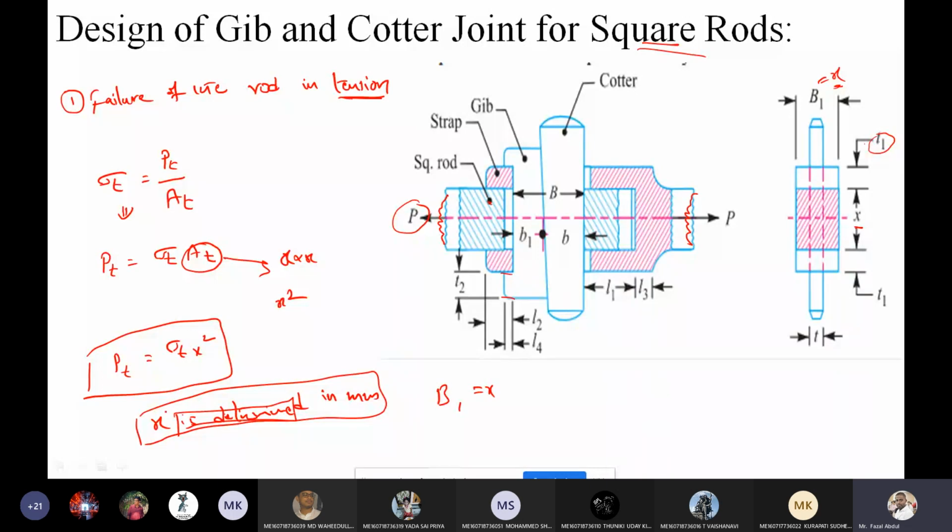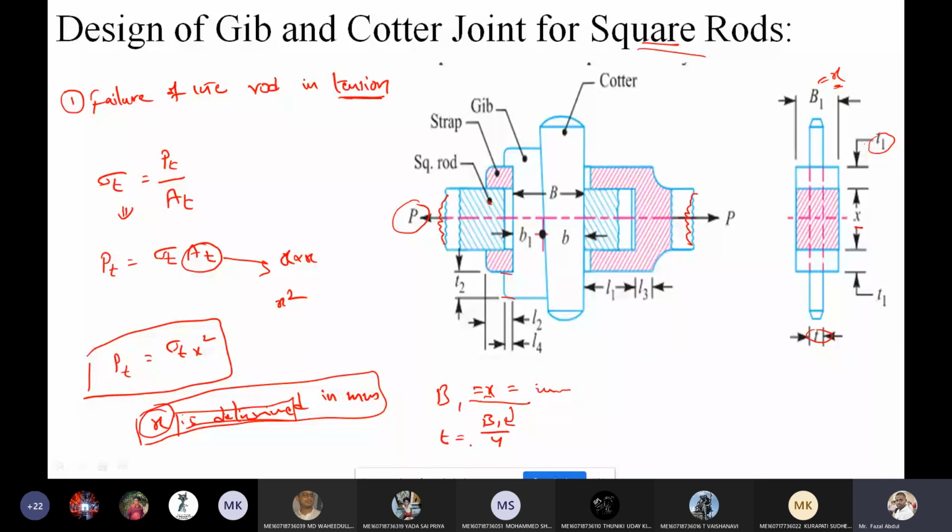It means once we get the x value, we can get the b1 value in mm. For the thickness of the quarter, t, we have an empirical relation, b1 by 4. You have to remember this. Once you get the b1 value, substitute here and you will get the t value.